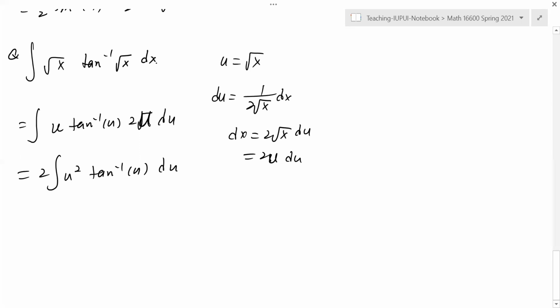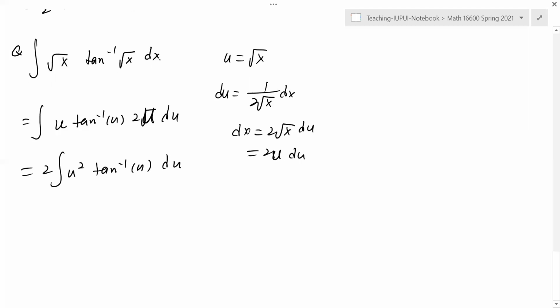That is number 95. Okay, number 95. If you're told that you can use a table of integrals to evaluate, then you have to use substitution first.